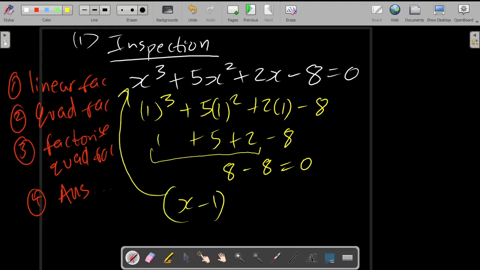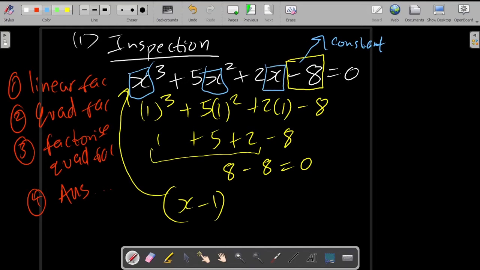So once again, I'm saying this quite a lot of times, you look at your constant, then list, you can either list or just take them out of your head if you like. So just try the factors of whatever constant that you have. Try them in the equation, basically substitute them wherever you see x.